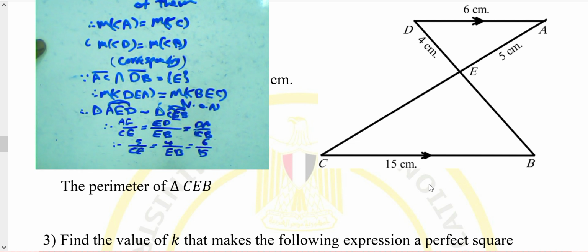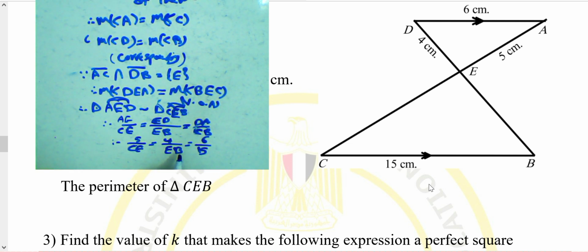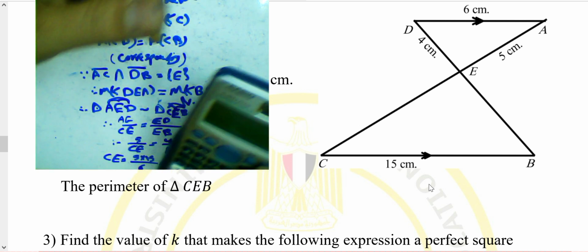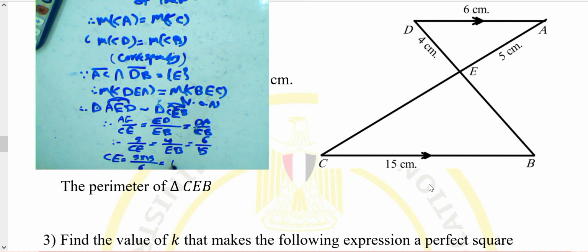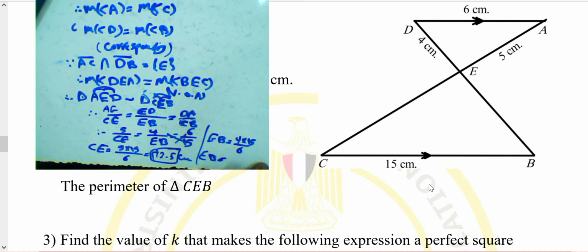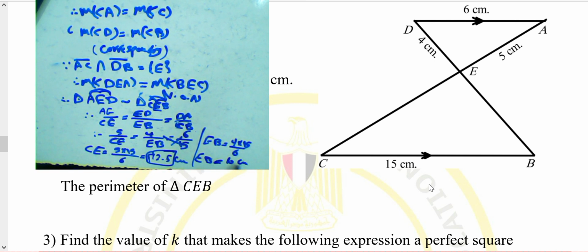Then CE equals 5 times 15 divided by 6, which is 75 divided by 6, equals 12.5 centimeters. And we can also find the length of EB equals 4 times 15 over 6, 4 times 15 equals 60, 60 divided by 6 equals 10 centimeters.